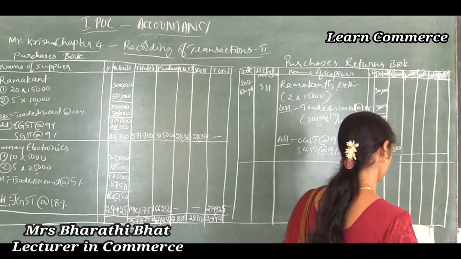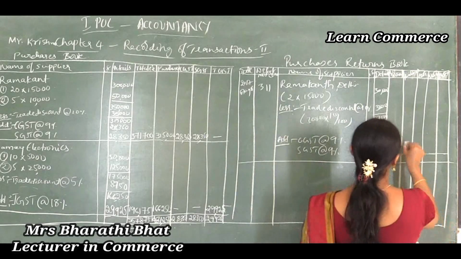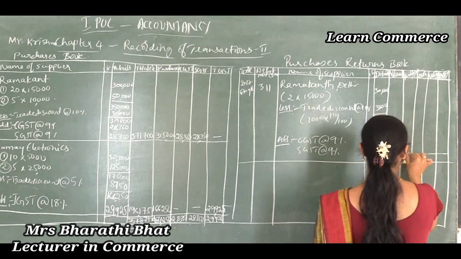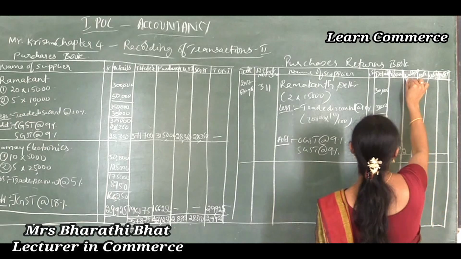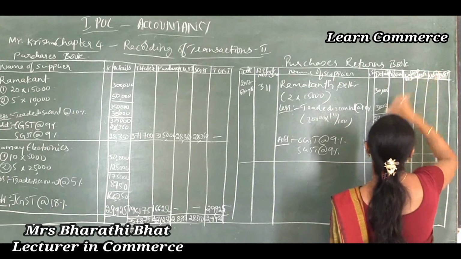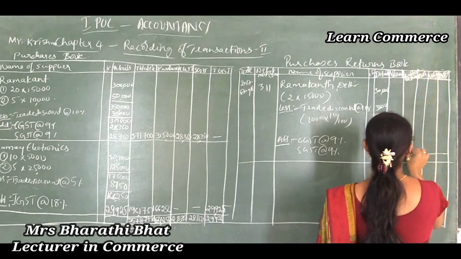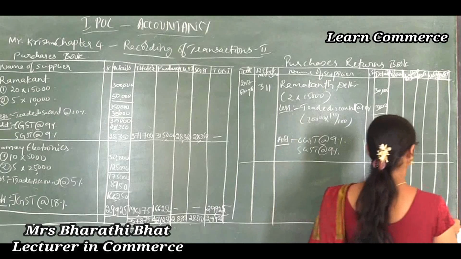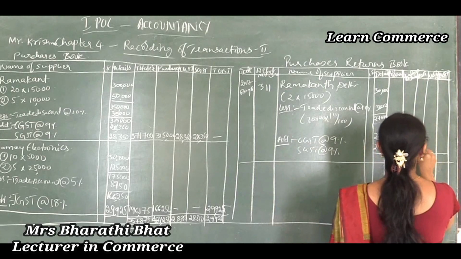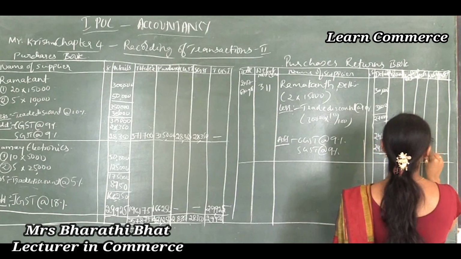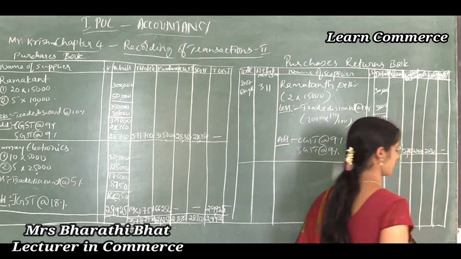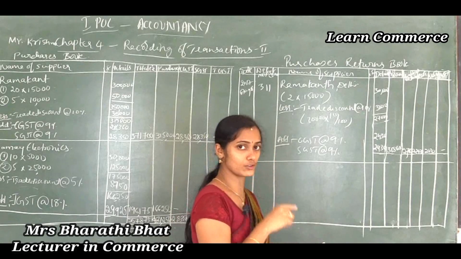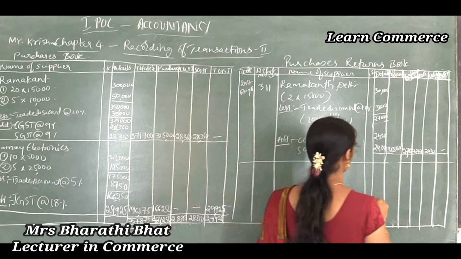And the next one, total purchase, how much? We purchased goods, means we returned 27,000. Here purchase returns, 27,000 worth value are returned. So 2,430 CGST, 2,430 SGST. No IGST when returned, because goods returned to Ramakant, which is interstate movement.